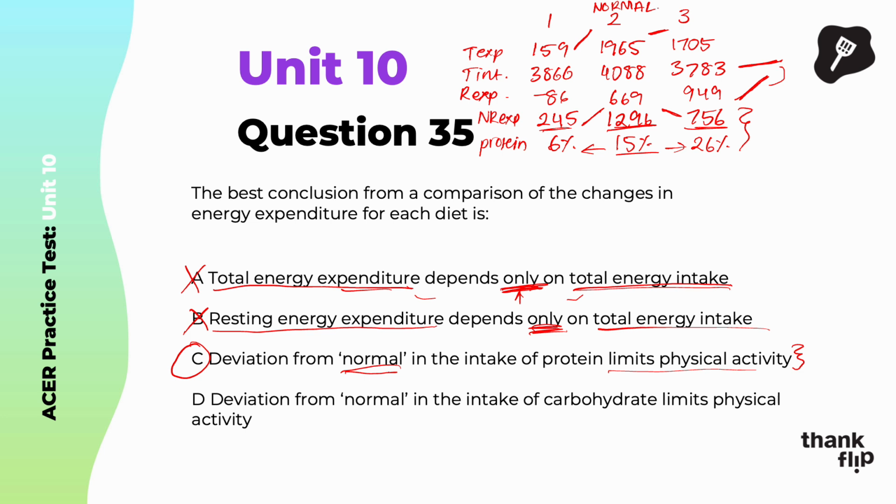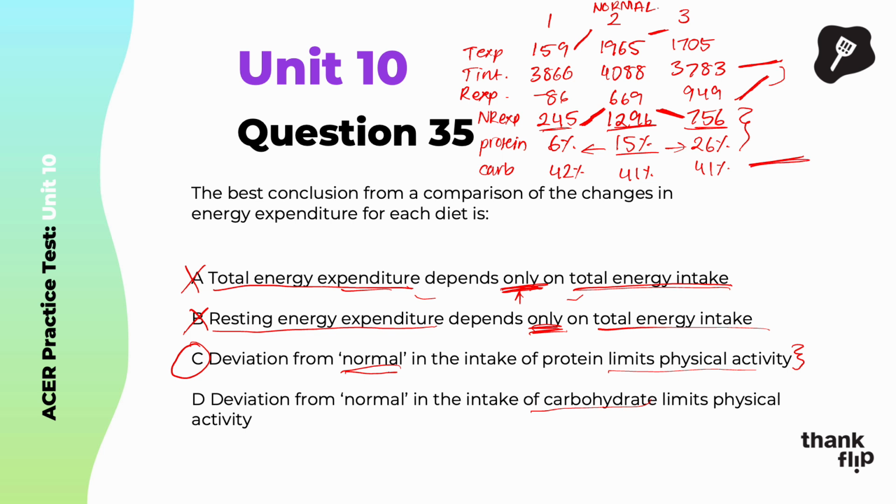Now, if we look at the deviation from normal in the intake of carbohydrates, let's put that in. We have 42%, 41%, and 41%. This is quite a stagnant trend compared to our energy expenditure, which peaks in the normal diet and goes down in the non-normal diets.